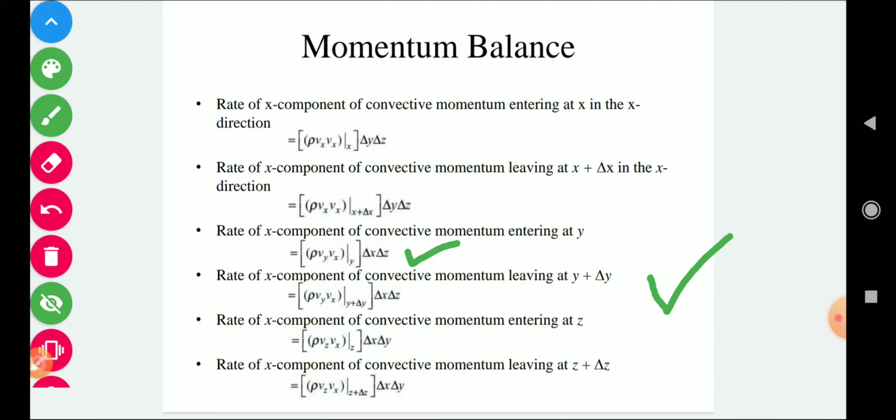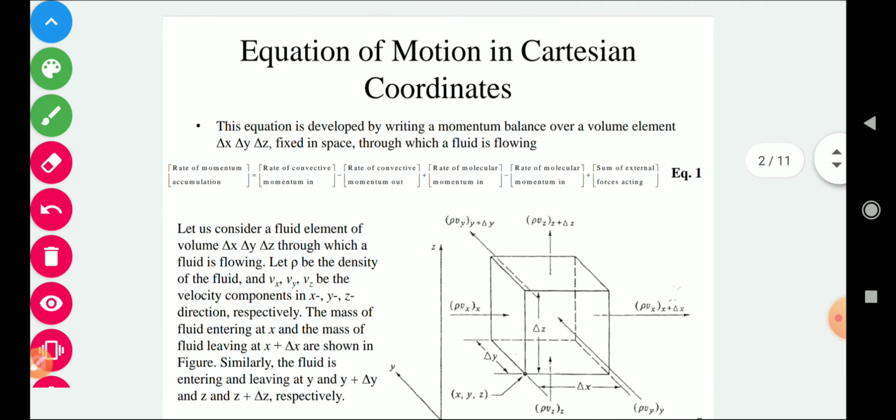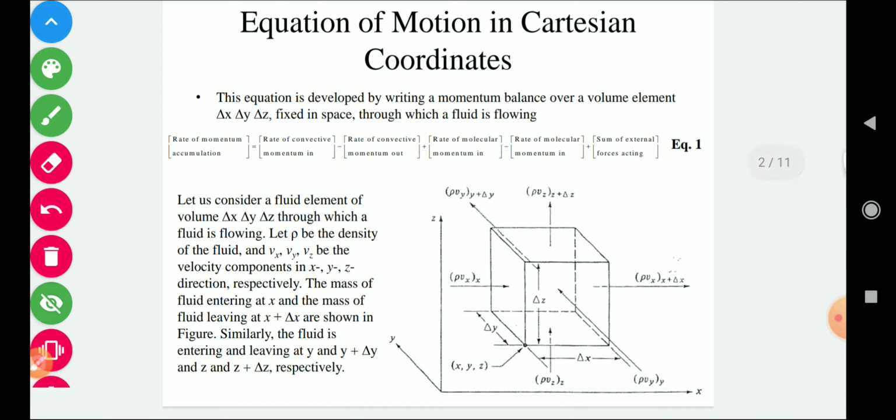Similarly, in z direction, rate of x component of convective momentum entering at z, rho vz vx at z. Now effective surface area will be equal to delta x delta y. As you can see in this diagram, in z direction means in top and bottom position, the area will be equal to this area is delta y and this area is delta x.